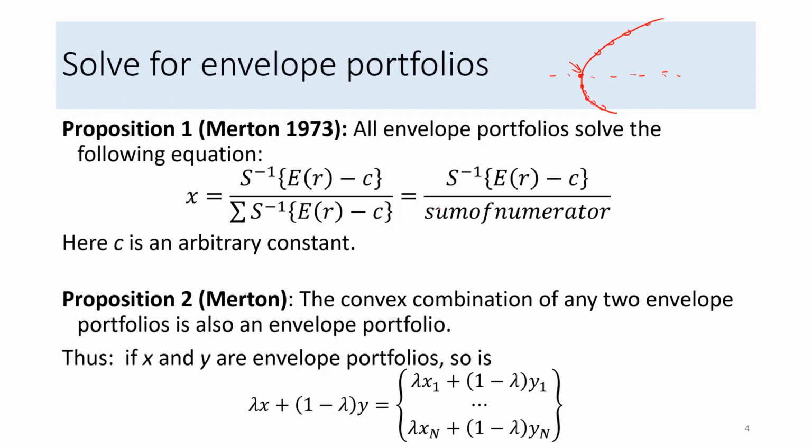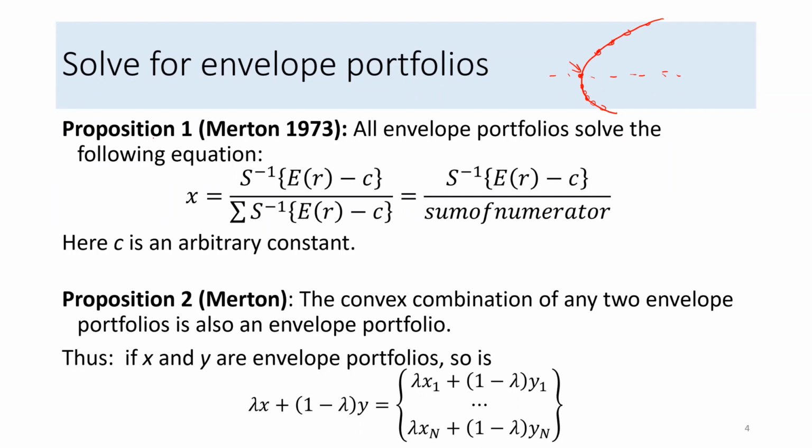So this solution will give you a portfolio that lies on this curve, but will not guarantee that it is above the minimum variance portfolio. To get the efficient frontier, we need to first solve for different envelope portfolios and then have an idea of the minimum variance portfolio. And we can therefore know that portfolios above the minimum variance will be efficient.